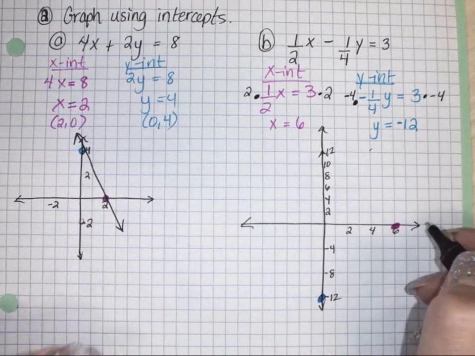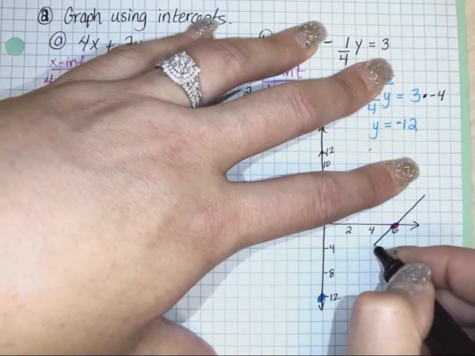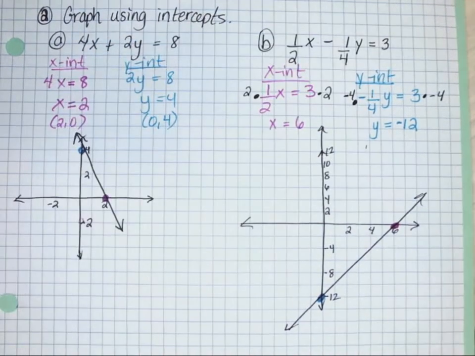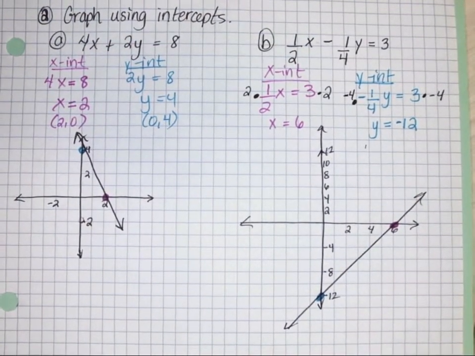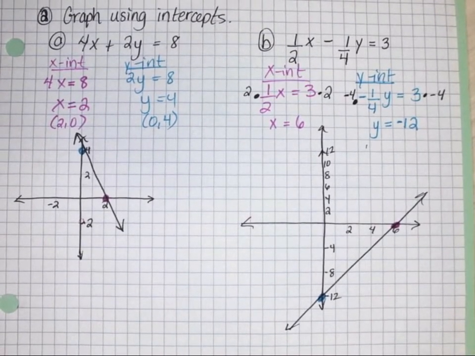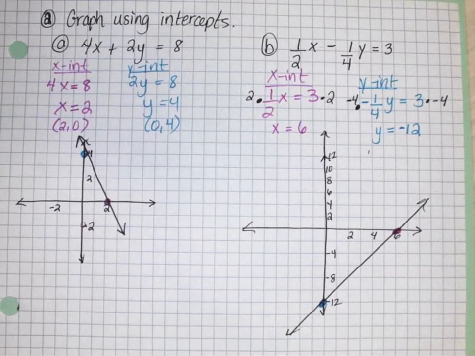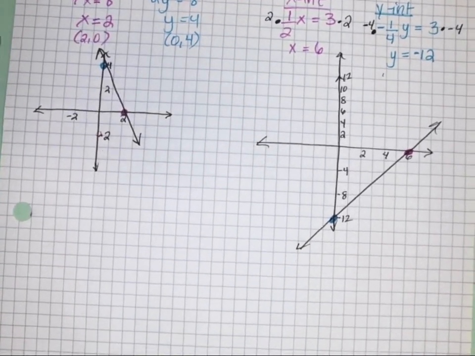And then plot or draw your line through your points. Okay, so that's how you graph in standard form using the intercepts.